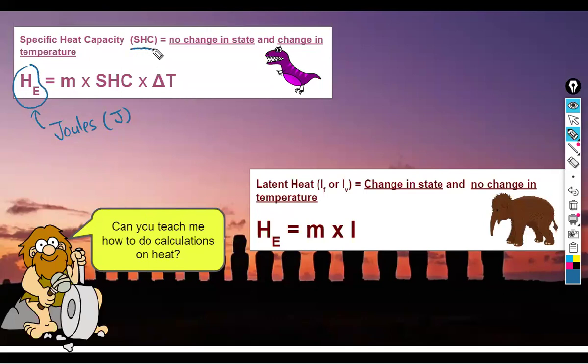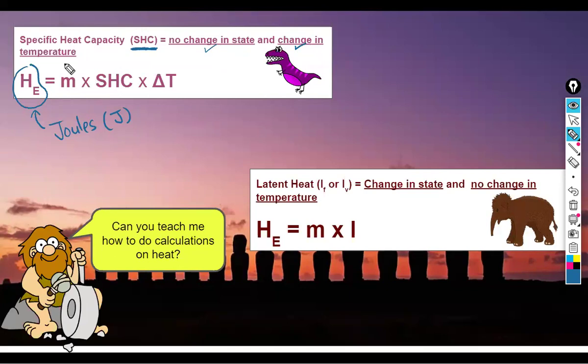We use the term specific heat capacity when there is no change in state, but a change in temperature. For example, sometimes you apply heat to something. Let's say it's a solid.